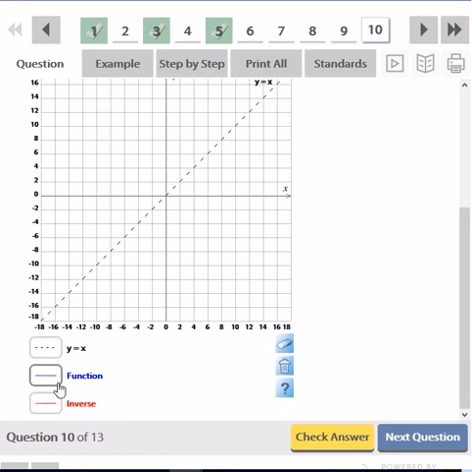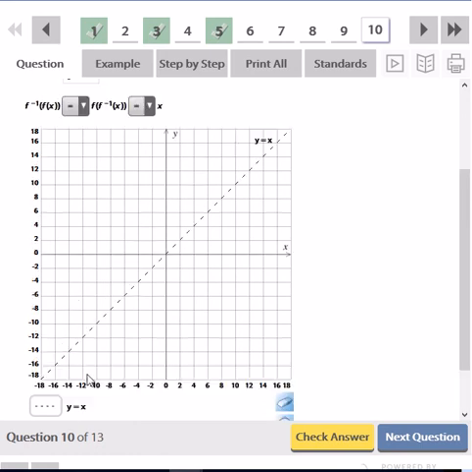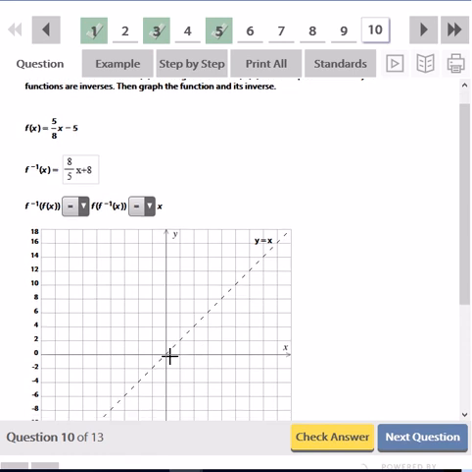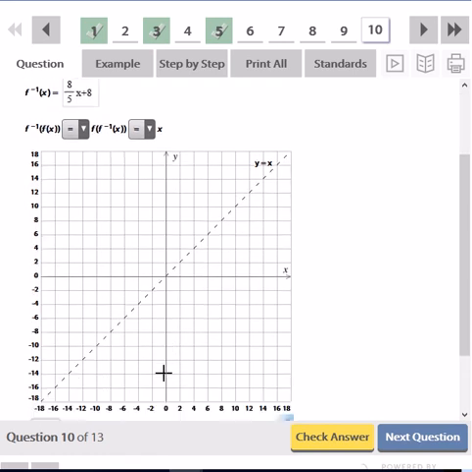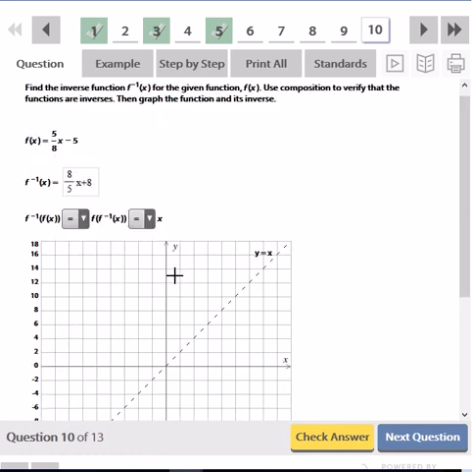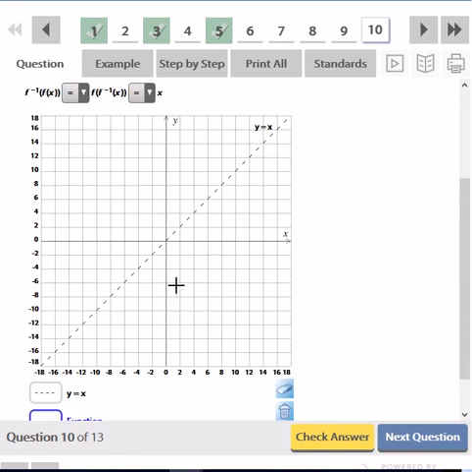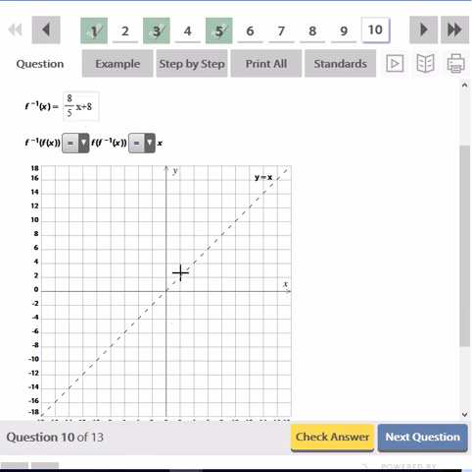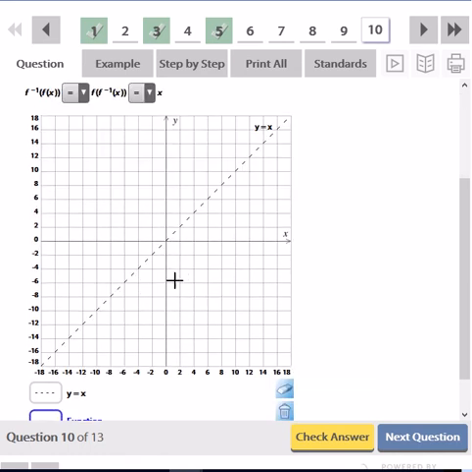First, our function, which is 5 over 8 x minus 5. So we are crossing the y-axis at negative 5, and the slope is 5 over 8. And it's a positive slope. Minus 5. So go up 5.